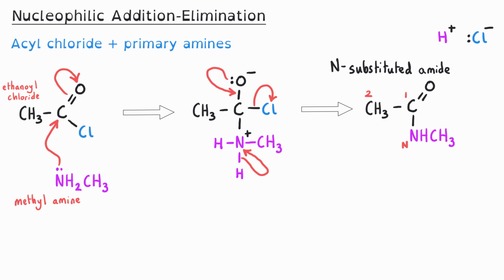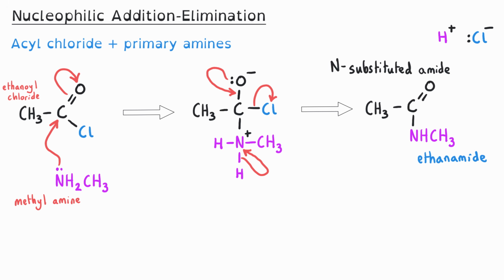So in this case here, when we're naming our N-substituted amide, we should always name the amide part first. And so we've got a carbon chain of 2, so this would be ethanamide. But we've got a methyl group attached to the nitrogen as well, and so this would be N-methyl ethanamide.